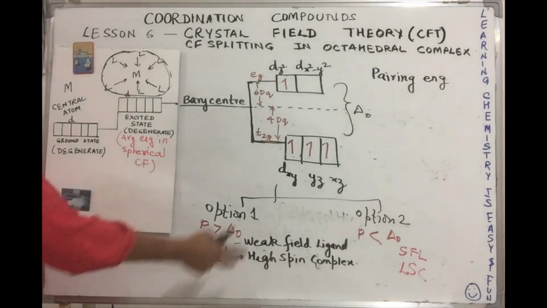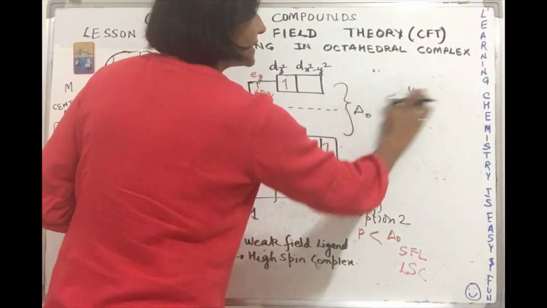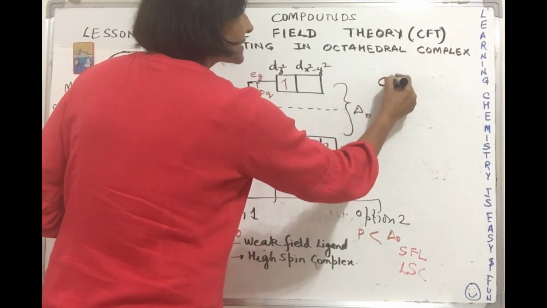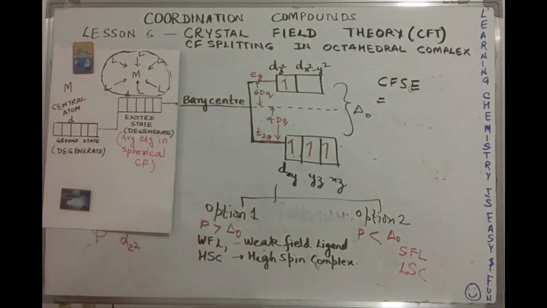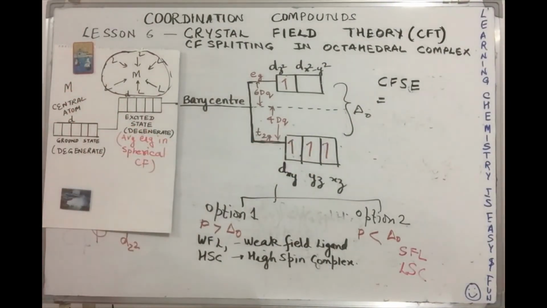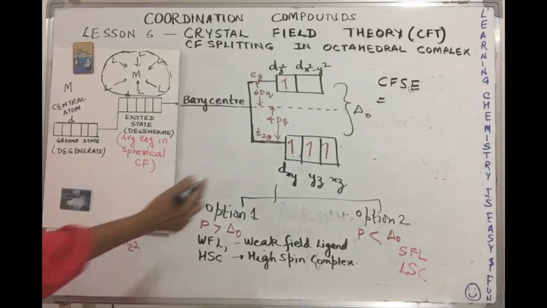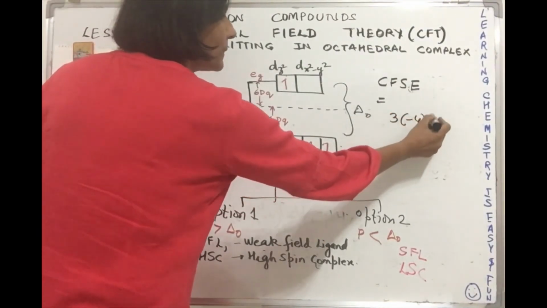Now in this option 1, can you calculate the CFSE? That is the crystal field stabilization energy. Now if you notice, you've got 3 electrons with -4 dq. So you have 3 into -4.